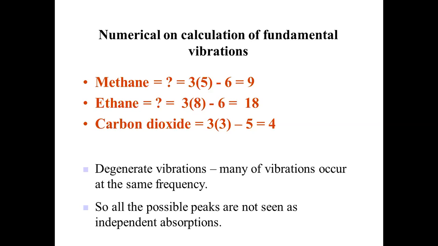But this generally doesn't happen because there are what are called degenerate vibrations. Many vibrations occur at the same frequency. So generally, what we calculate in theory doesn't seem to be there on the paper.